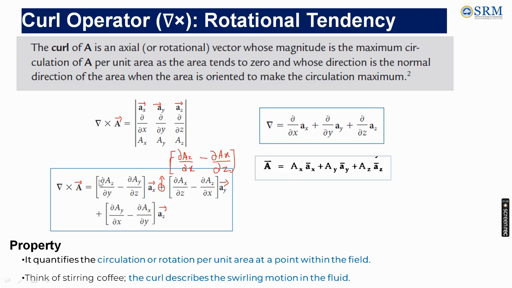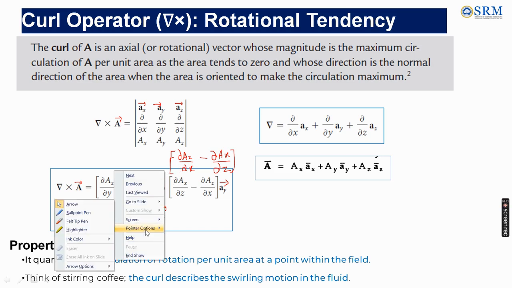So how will I expand the determinant? Let us see. First, I take the unit vector ax outside, leaving this particular column and row. I cross multiply: dou Az by dou y, and I put a negative sign for what is left, dou Ay by dou z. For the next term, I can write in two ways. Let us see the conventional way.